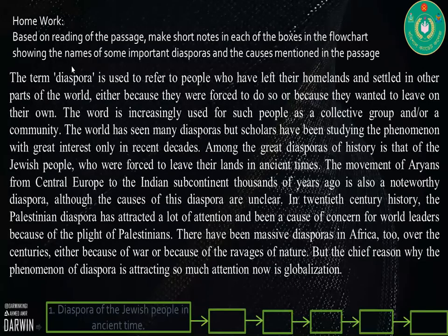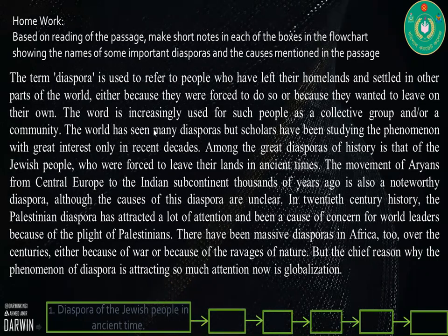Here we have a homework for you. So first, read the question. Based on the reading of the passage, make short notes in each of the boxes in the flowchart showing the names of some important diasporas and causes mentioned in the passage. Here, in this question, you have 2 dimensions: some important diasporas and the causes mentioned in the passage.